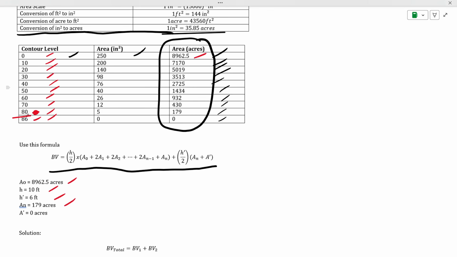The area of contour level 80, which is 179, will be the A sub n. And lastly, the A prime is equal to 0 acres. At the final contour level, which is 86, the area is 0. So that will be the A prime. So we already defined all the parameters given here.